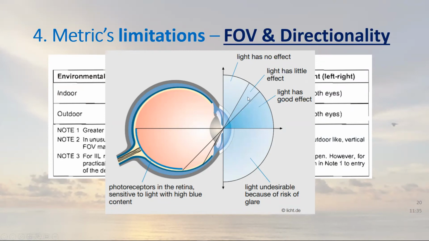As we increase, we have a little less effect, and here can be even disturbing. The light that comes from the bottom and goes to the upper side of the retina is the one you have to be very careful with, because you can create a lot of glare, as we did not evolve to get light here. We have evolved to get light here from the sky.